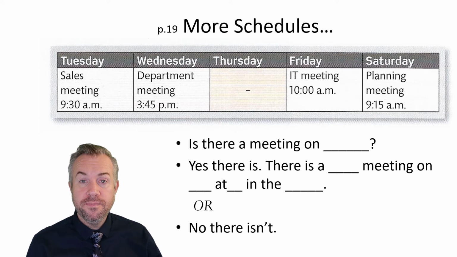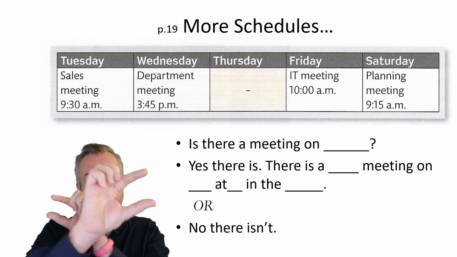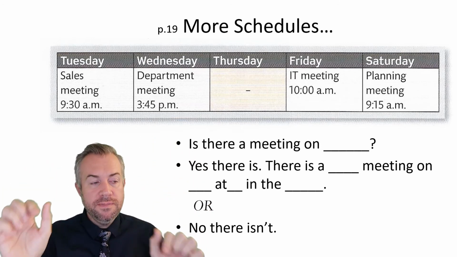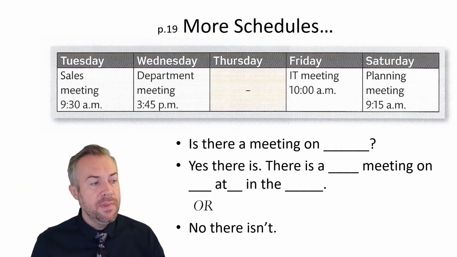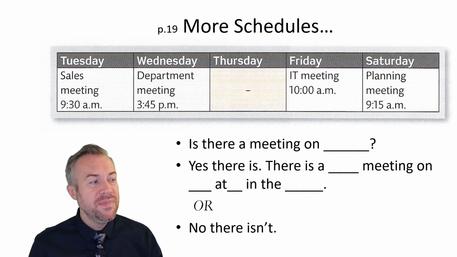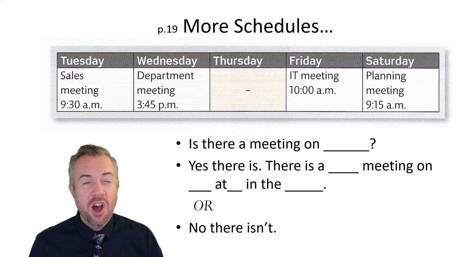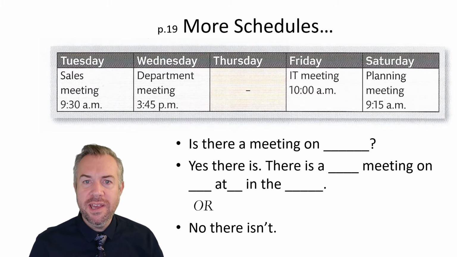Very good. In case you are wondering, it is possible to rearrange the structure. You could say, is there a meeting on Tuesday? Yes, there is. There is a sales meeting at 9:30 on Tuesday in the morning. Or, yes, in the morning on Tuesday, there is a sales meeting at 9:30.